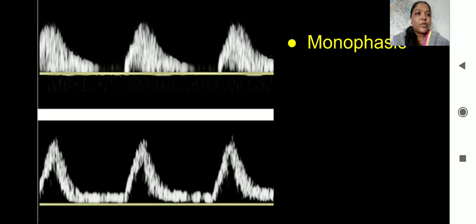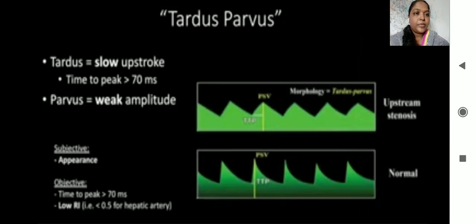In a monophasic waveform, we have flow only above the baseline. A monophasic waveform can be normal as well as abnormal. If the monophasic waveform has a tardus parvus pattern, that is slow uptake and weak amplitude, it is abnormal. Whereas a monophasic waveform having a strong or sharp systolic upstroke is normal.